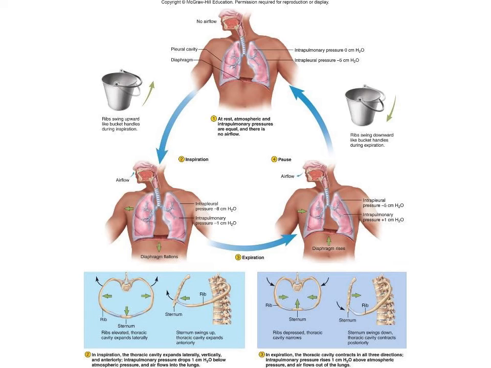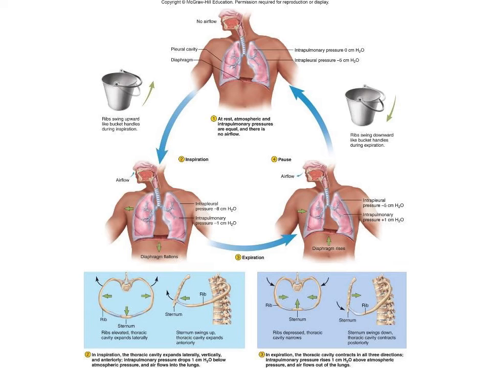Your intrapulmonary pressure inside the alveoli is actually equal to atmosphere. So your alveolar air is sitting at 760 millimeters of mercury, which is equal to the air outside the body, meaning just prior to that inhale, air is not moving between the respiratory tract and the air.